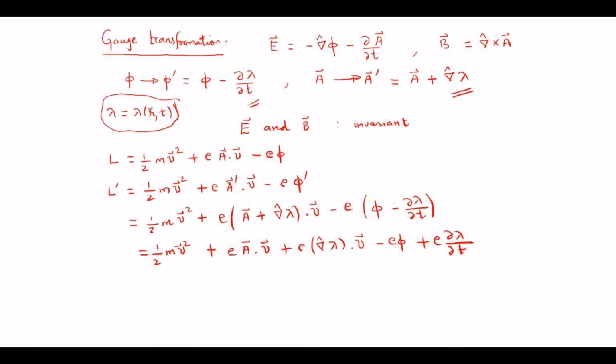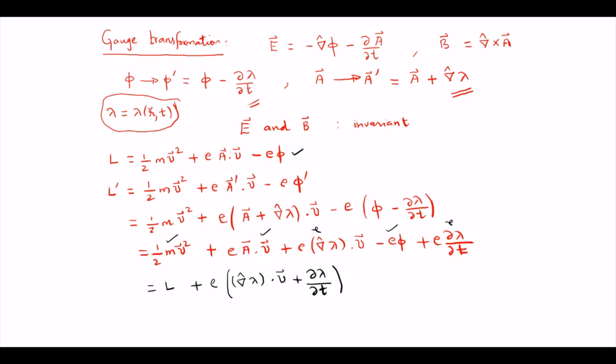Now we can combine these things. This term and this term give you the old Lagrangian, okay. In the remaining terms, you can pull e outside, then you will get gradient of lambda dot v vector plus partial lambda by partial t, that's it.